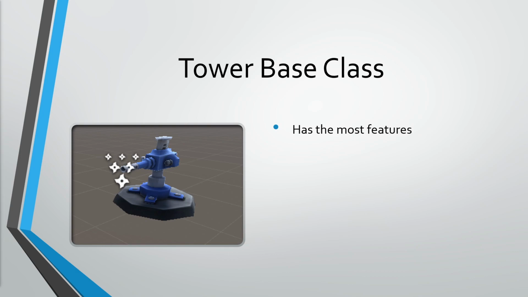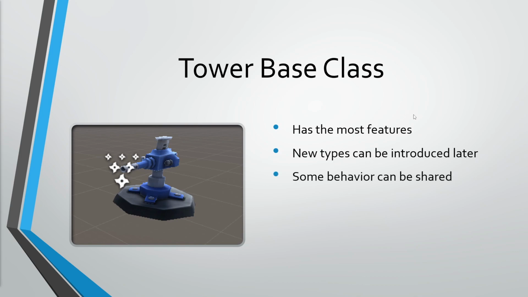So, ang idea ng paggawa ng robust class is to have the tower base class have the most features. So, kapag may mga new types that will be introduced later, we can add them to the child classes. And in here, sa tower base class, we can share some behavior.